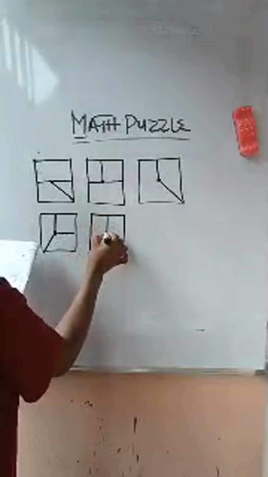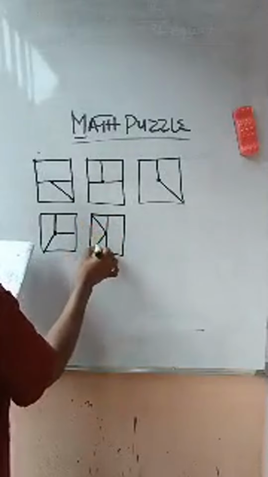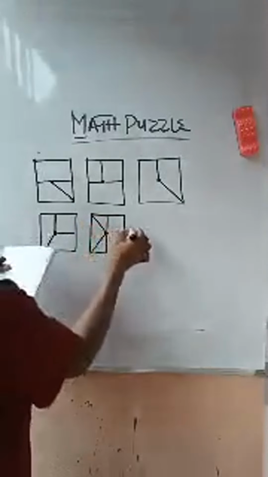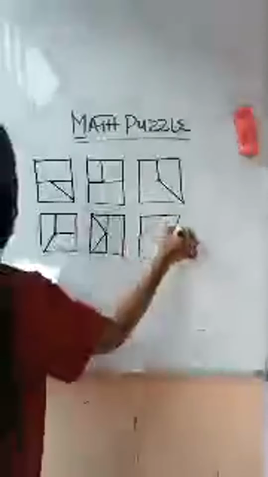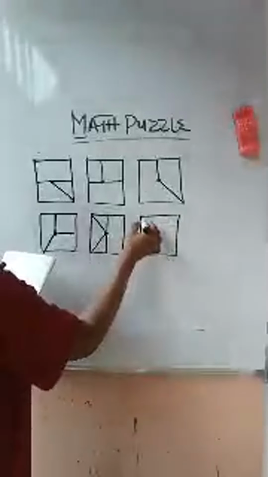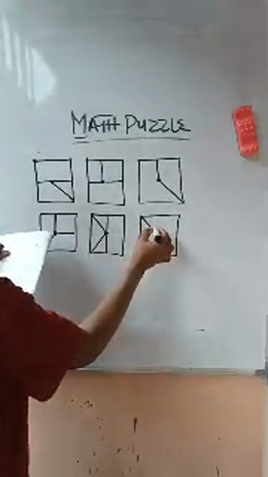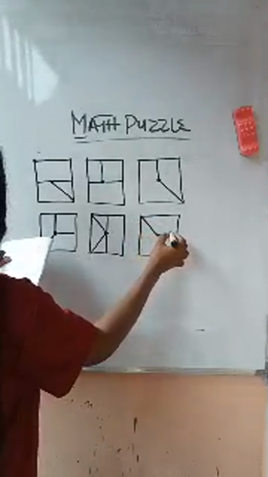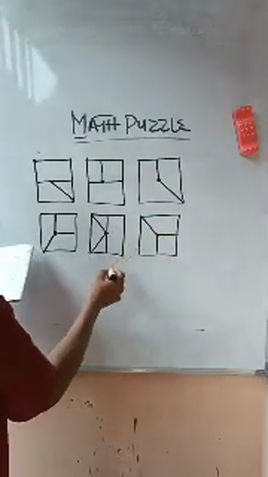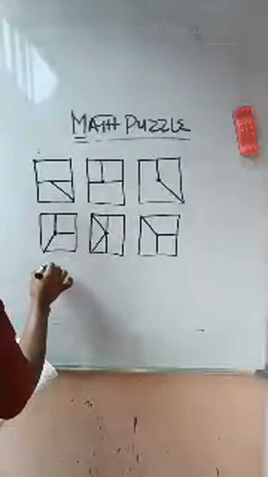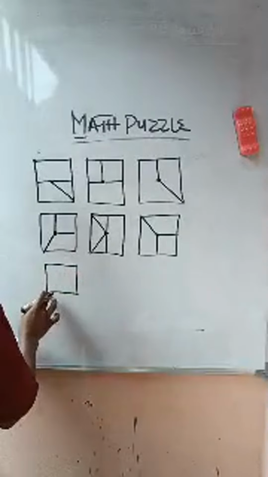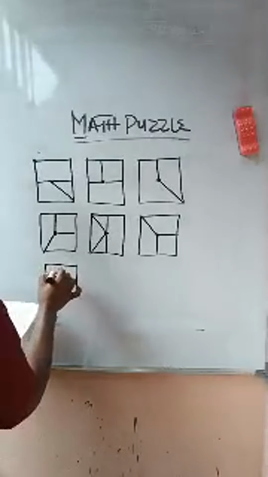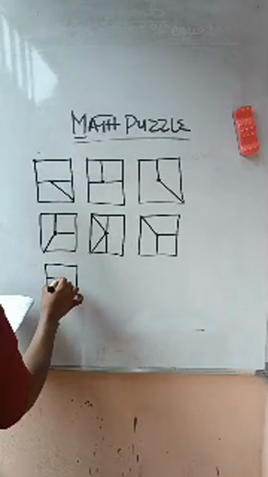So I have this, I have this, I have this. Then I have the third one to be this, this, and this. Now for the last set, we have from the middle to this place.